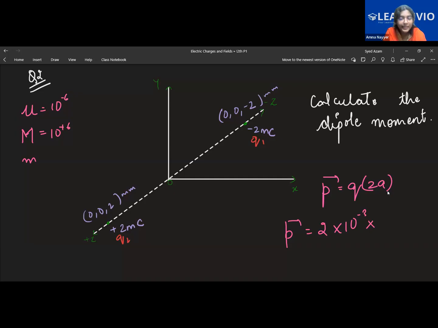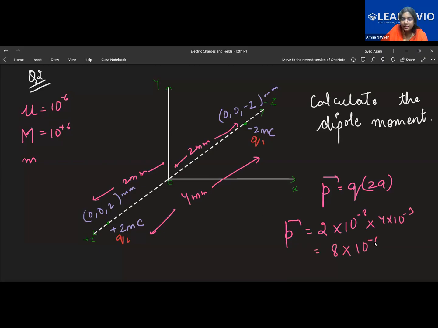Class, coordinates are always given from the origin. If this is minus 2, it means from the origin, this is the separation, 2 millimeters from here. But when we are calculating the complete 4A, this will be 4 millimeters. So 4 into 10 to the power minus 3, which is equal to 8 into 10 to the power minus 6.